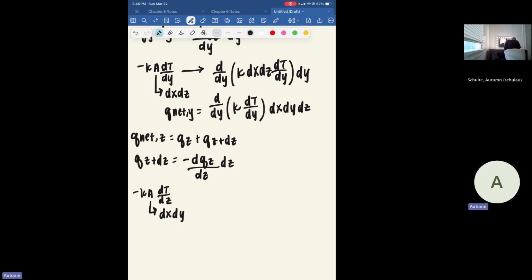So if we plug that in, we're going to have the derivative with respect to z multiplied by the thermal conductivity times dx dy times the derivative with respect to z multiplied by dz. Again, we can take out dy and dx because those are not dependent on z.